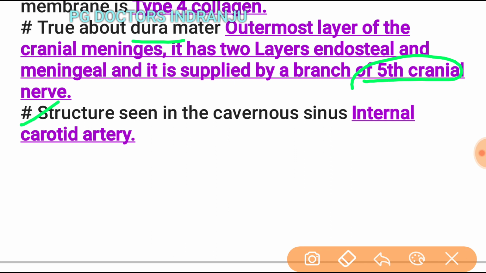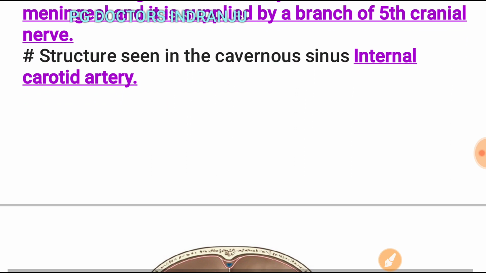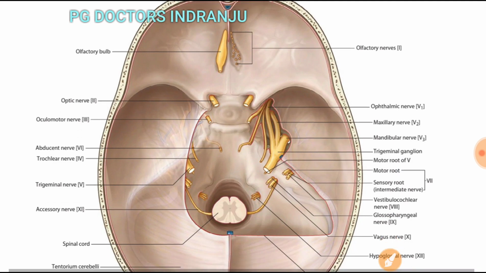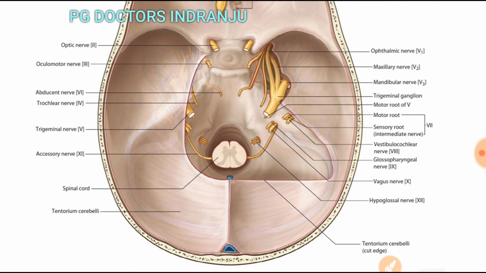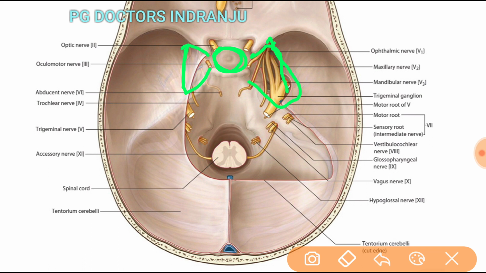The structures seen in the cavernous sinus. First of all, the cavernous sinus is situated around the sella turcica, and this is the part of the cavernous sinus. It has an anterior connection and a posterior connection.